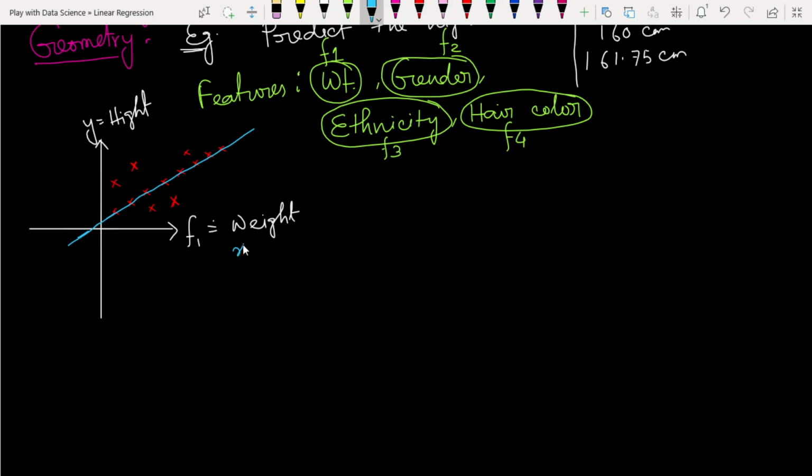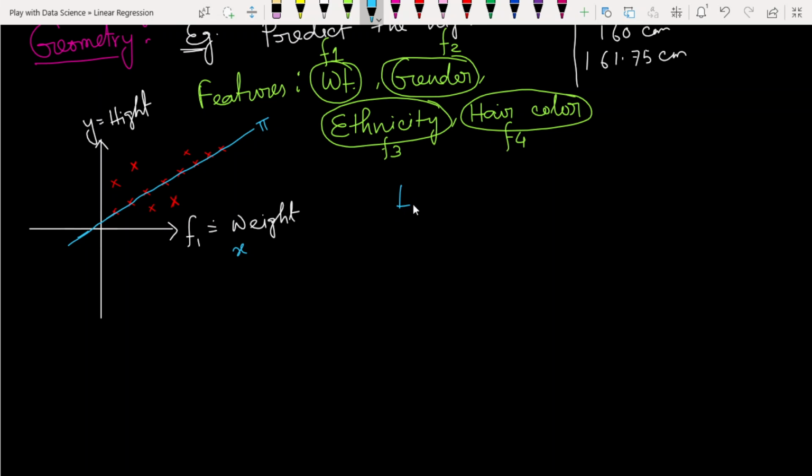In linear regression, the first objective is to find this kind of line or plane. In 2D we call it a line, in 3D a plane, and in n dimensions a hyperplane.